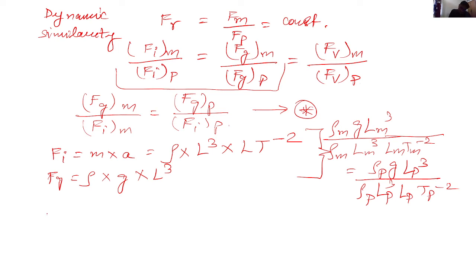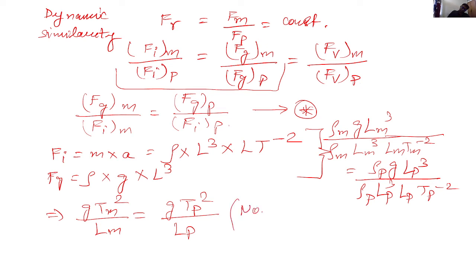So from this expression we get square root of Lm by g equal to square root of Lp by g. I'm not cancelling G because we are going to finally use it for the expression of the Froude's number. Now, the velocity is nothing but the length by t.